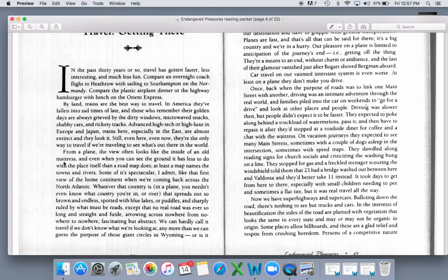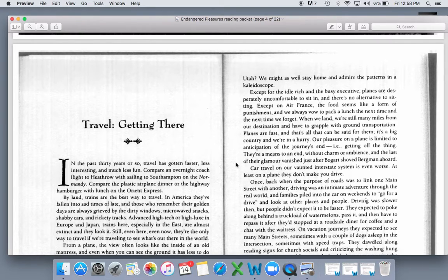What else? It's brown. It's endless. Let's see. It's hard to travel if we don't know what we're looking at. We're guessing it's what's down there. They're uncomfortable. The food is bad. So on and so forth.